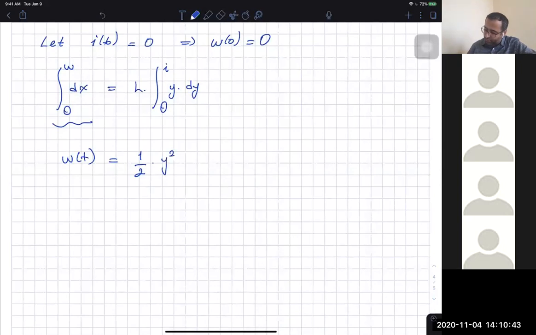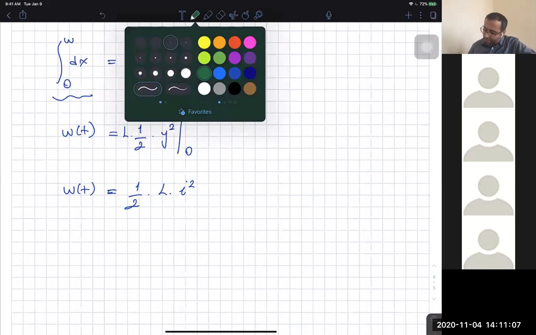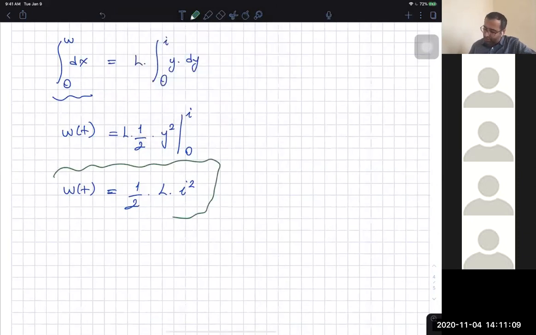And then I need to evaluate this at I and 0, and then of course I should multiply this with L. So let's try to do this calculation. So that will be omega t, which is the energy stored in an inductor, is equal to 1 over 2 times L times I squared. Because if I put this 0 in, that will be 0, it doesn't matter. So this is our energy calculation for an inductor.